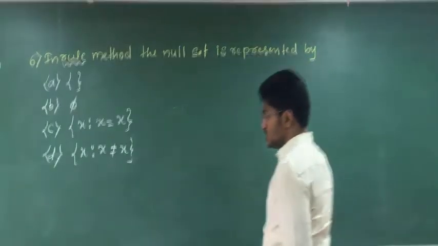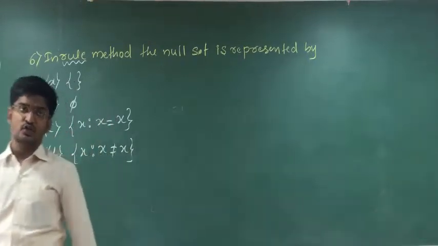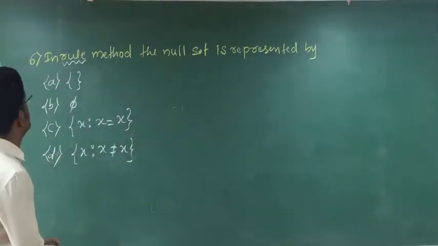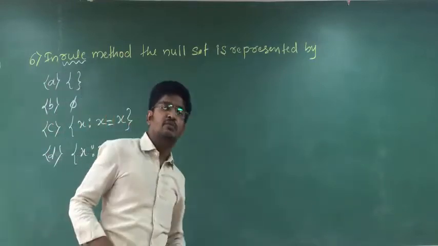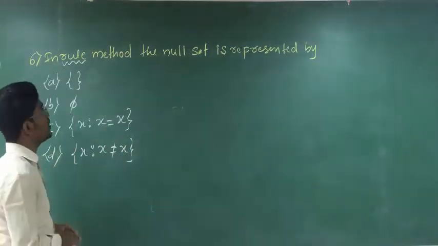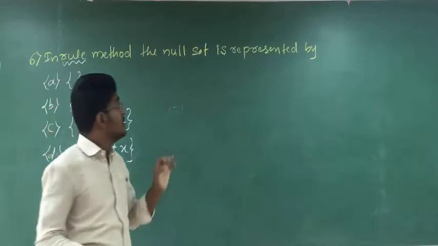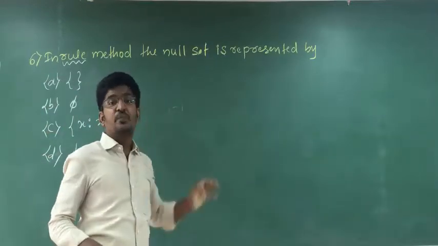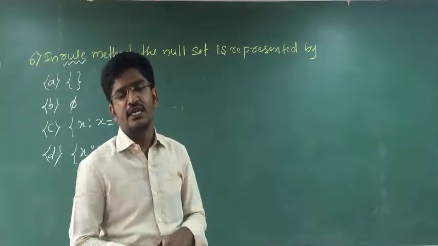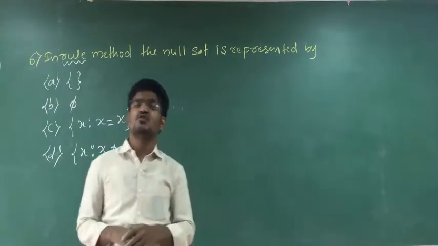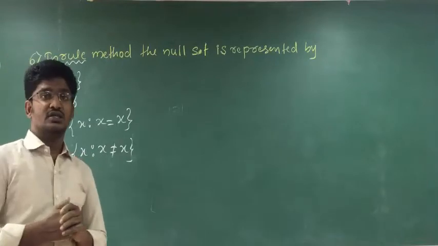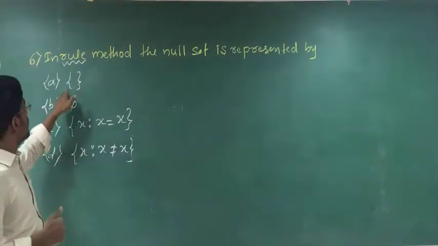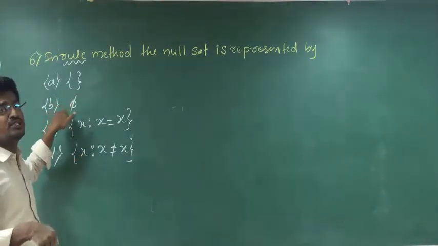Okay students, so now let us go to the next question, that is, in rule method the null set is represented by, these are the 4 options, no problem. Please understand the question to the mark, because option A is also empty, option B is also empty.